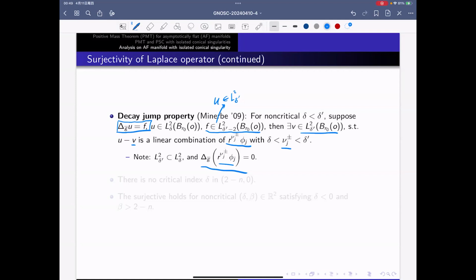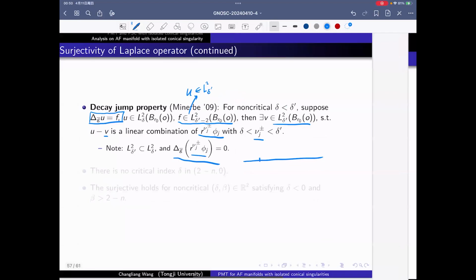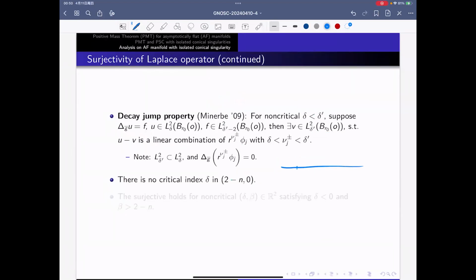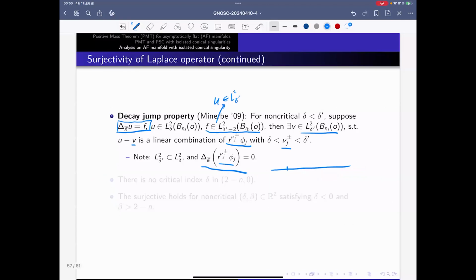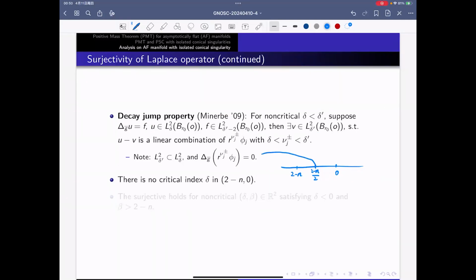And then a very nice effect is that we don't have a critical index between 2 minus n and 0, right? 2 minus n and 0, and we already showed that for the index near the cone, at the conic singularity, if delta is less than this number, we know it's non-critical, and we get surjectivity of the Laplace operator.